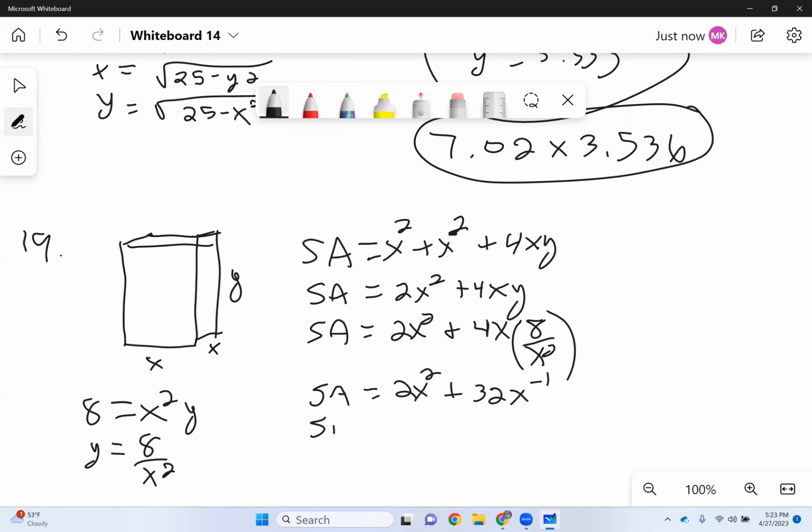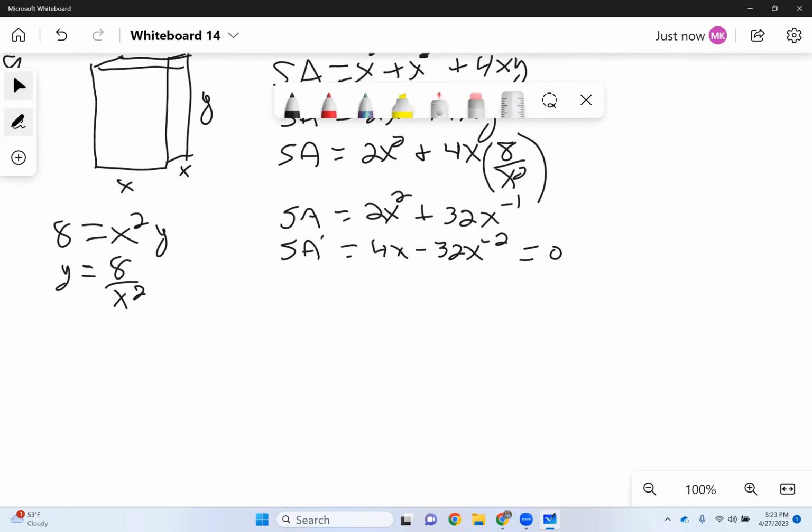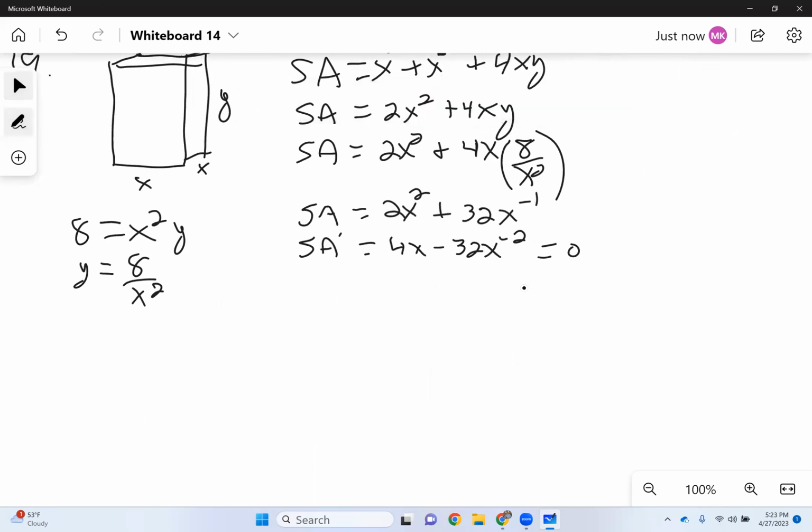All right, now we can take the derivative and set it equal to 0. The derivative is 4x minus 32x to the negative 2. Set it equal to 0. Okay, so the first thing I'm going to do is divide both sides by 4.